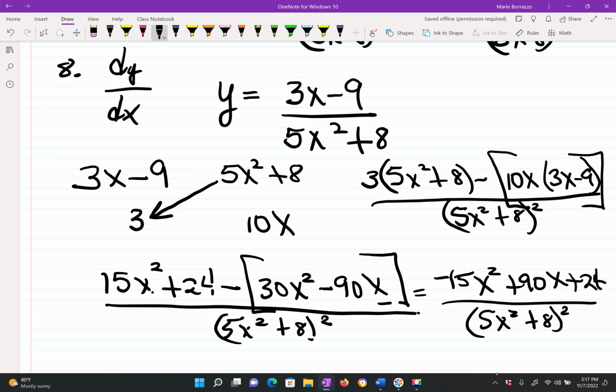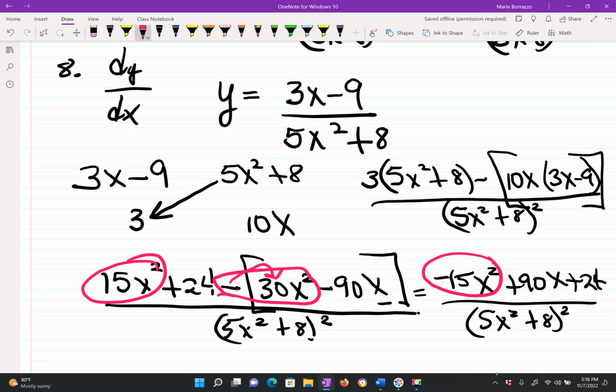If you answered the question, take a look at what's on the board. Negative 30x squared plus 15x, because remember this negative affects this value here. So that's negative 30x squared. And 15x squared will result in negative 15x squared.